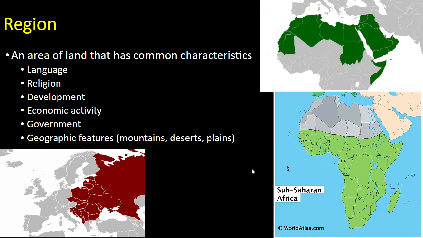Africa is basically divided into two parts. You have North Africa, and then you have Sub-Saharan Africa, this green area down here. What divides them is the Sahara Desert. In North Africa, you have Muslims and Arabs. In the South, you have a mixture of Christians, native beliefs, and Muslims. But it's also more tropical in the South.